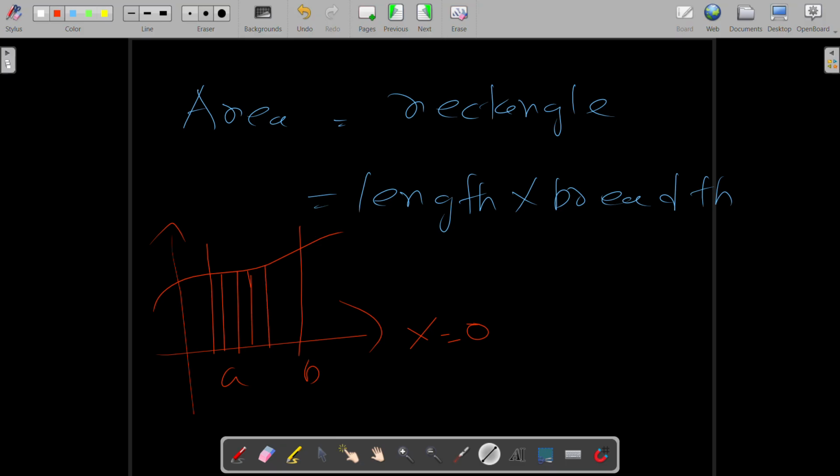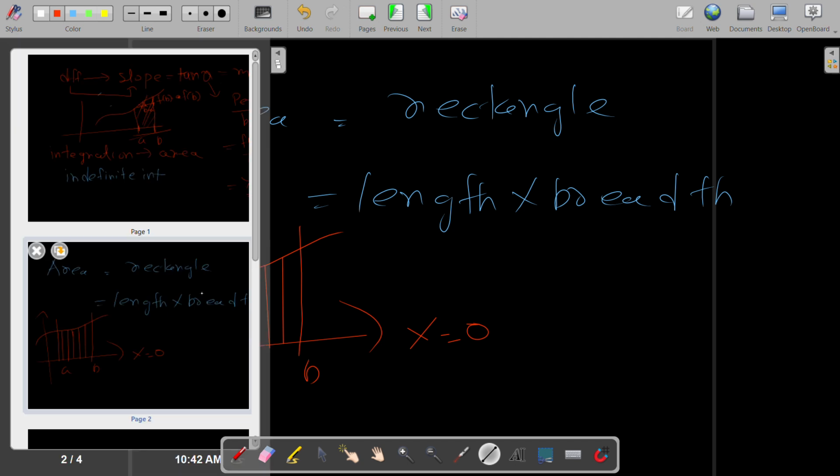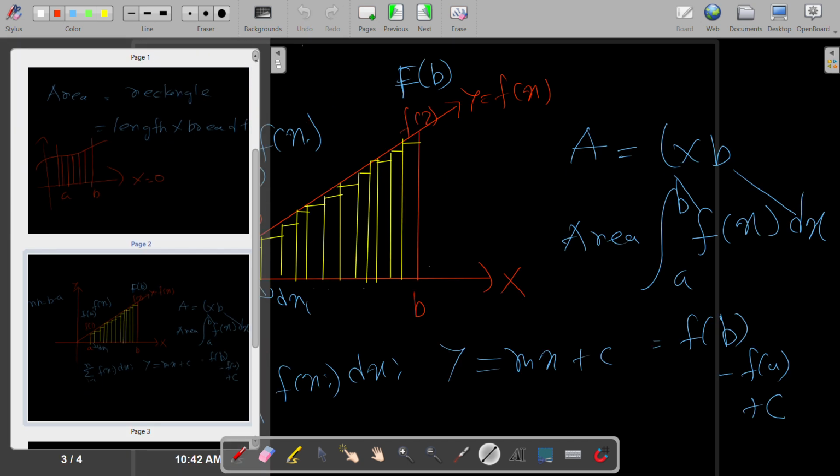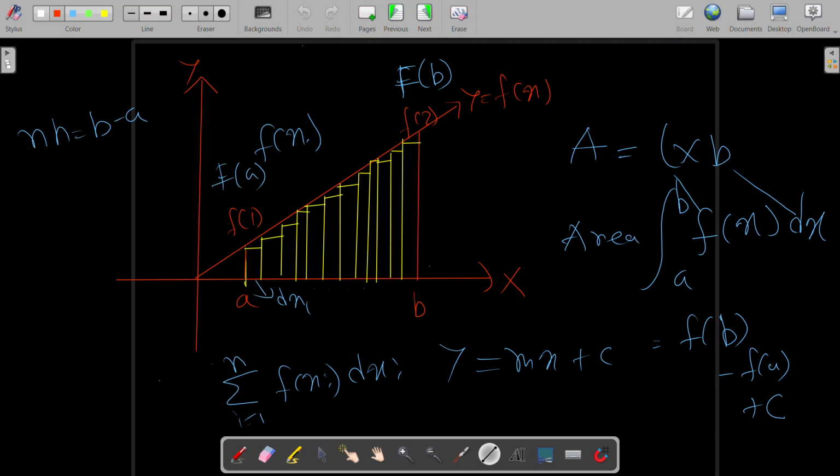So we subdivide this area by small rectangles. For the formula of a rectangle, a rectangle is what? Length into breadth. Now for an easy problem, we are taking a straight line y equals mx, plotting it in the xy plane, taking the interval a and b.